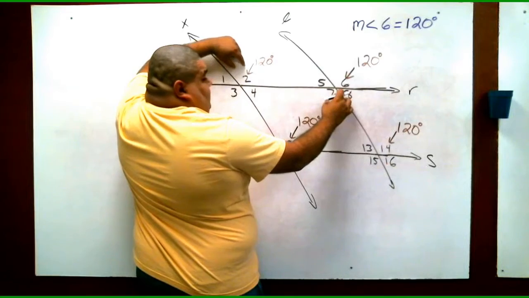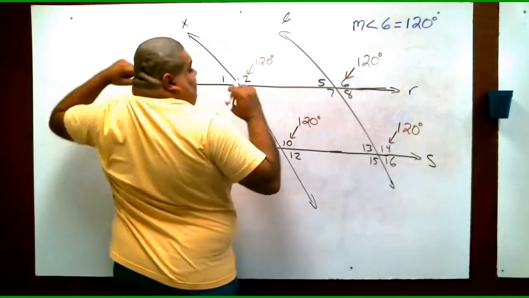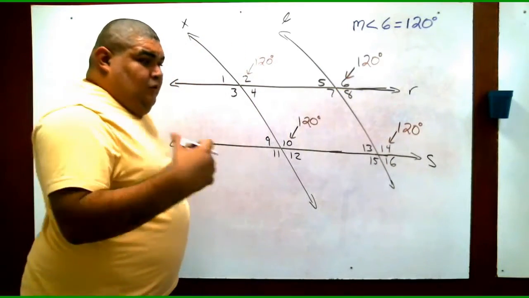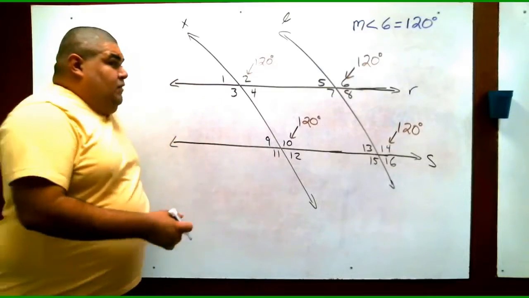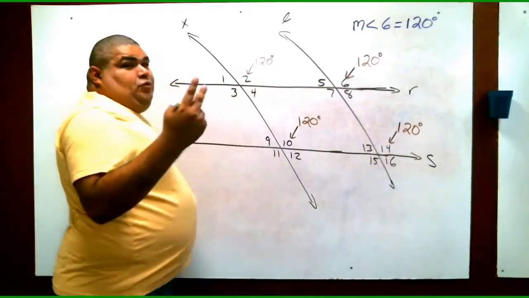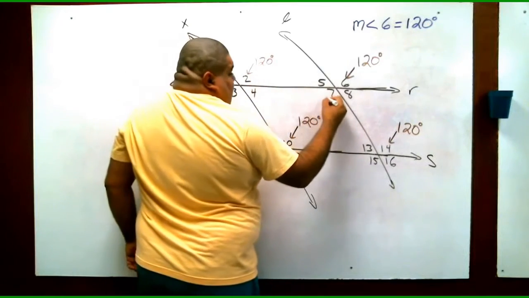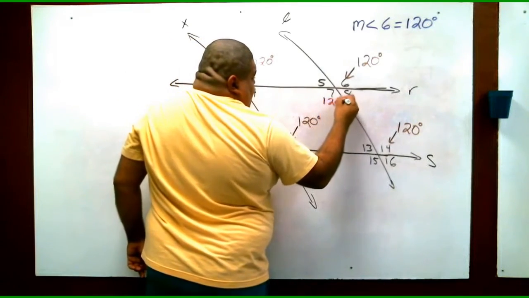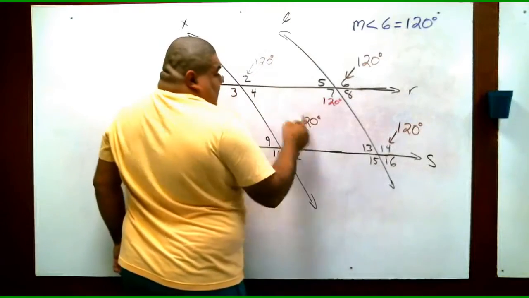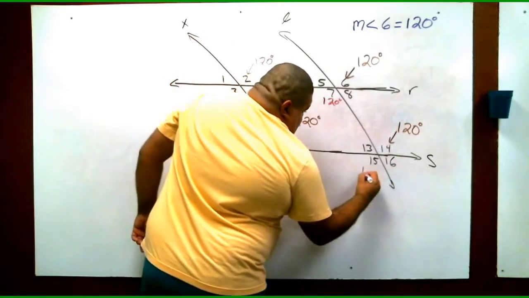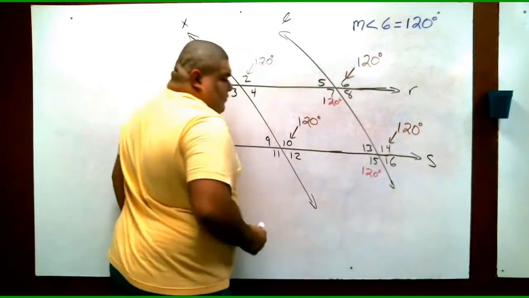There are different ways to look at it. So we're going to use the theorem twice. We're going to use it for 7, which is 120 here, then this is 120. Therefore, again, alternate interior, this is 120.